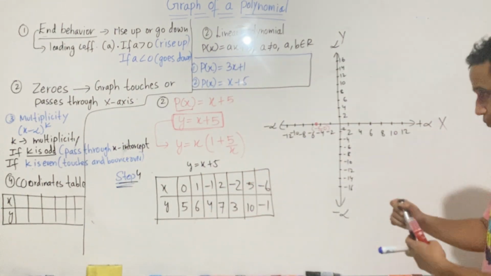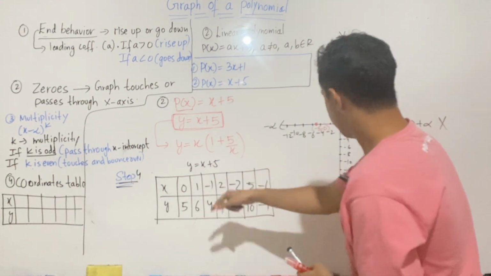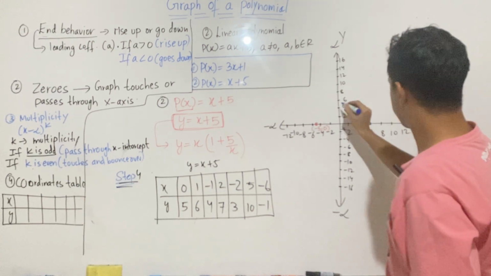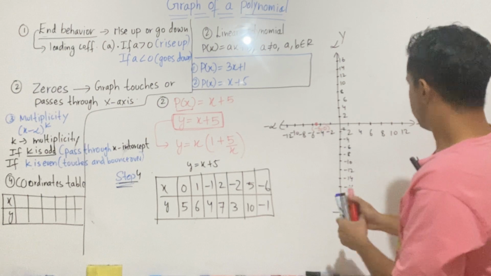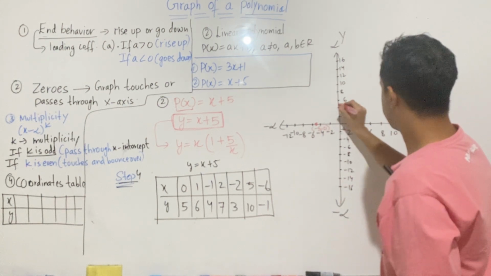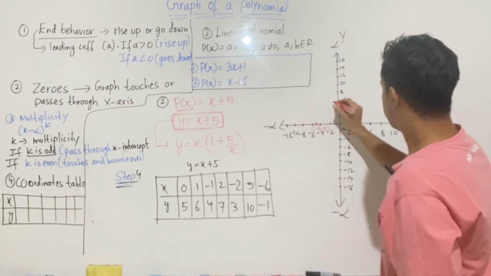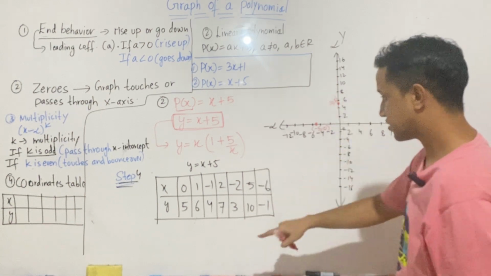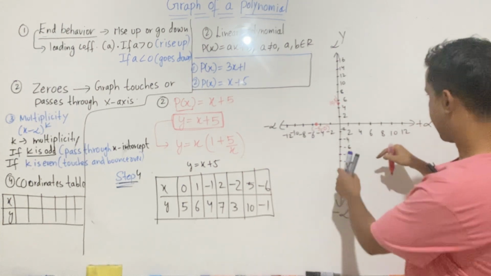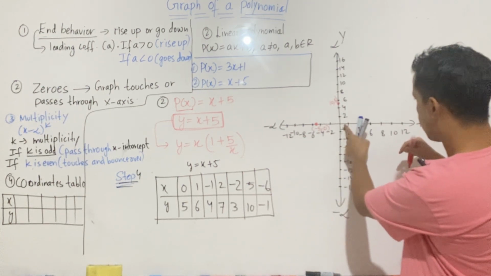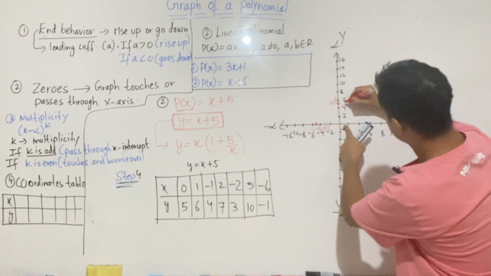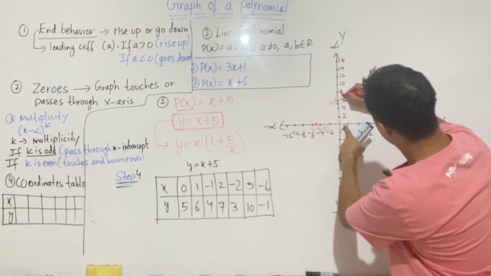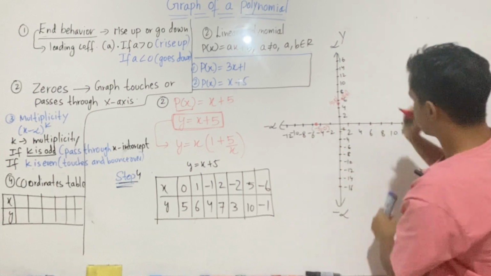Okay, so x 0, y 5. So this is going to be the point, the value of 5. Next, x 1, y 6. This is going to be the point 1, 6.